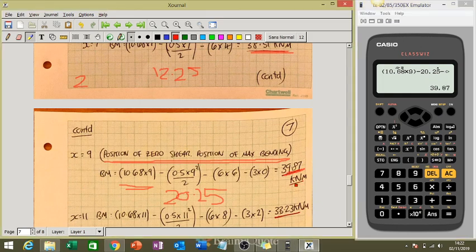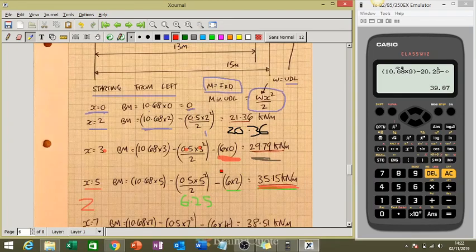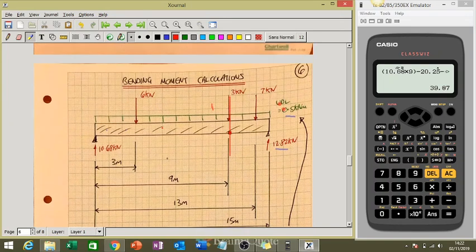So 39.87 kilonewton meters. So hopefully that's our biggest number. That's the position of zero shear force, so it should be our biggest bending moment there. So if everything's correct, this is where the biggest bending moment's going to be, which means it may fail there due to bending.